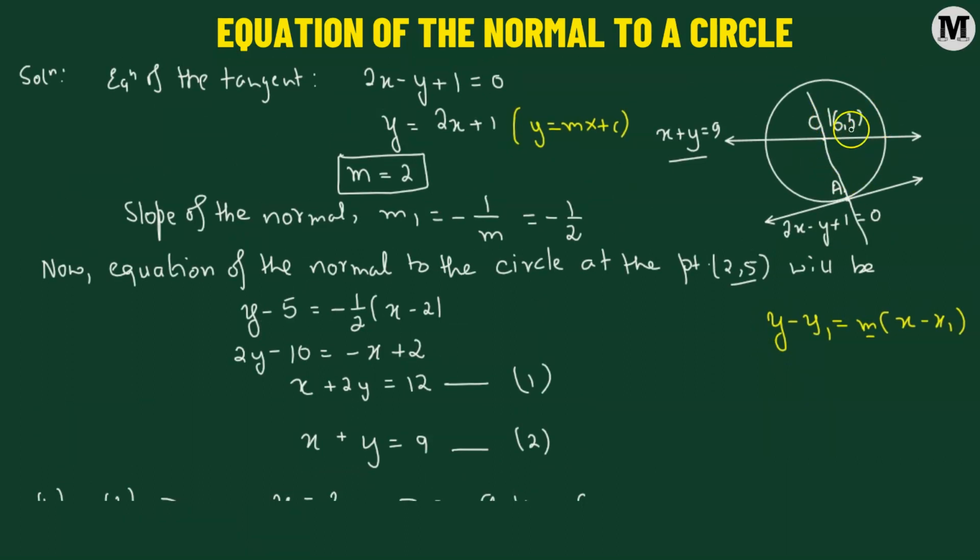Our next task is to find the radius. If this is the center and this is the point of contact, CA is going to be the radius of the circle. We know the coordinates of point A and of point C, so we can use the distance formula.